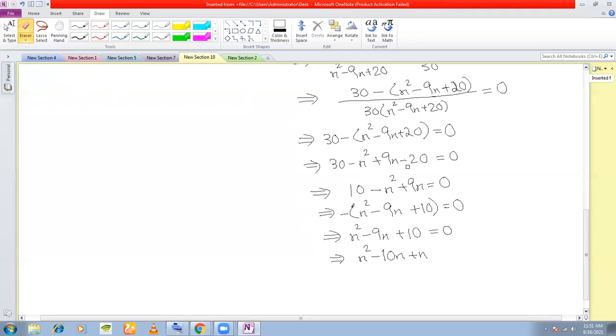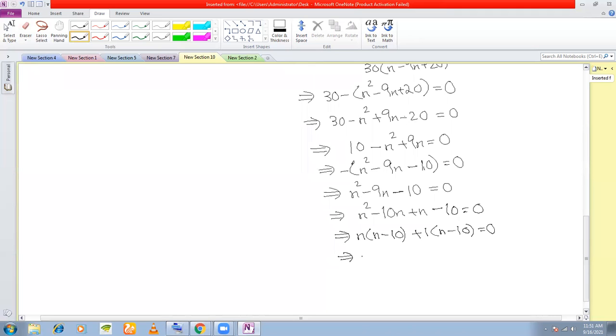Because when we are opening brackets, yes, when we are taking minus out, this should be minus 10. Now this is okay. N square minus 10n, this is minus 10 equal to 0. So you're getting n into (n minus 10) plus 1 into (n minus 10) is equal to 0. That means (n plus 1) into (n minus 10) is equal to 0.